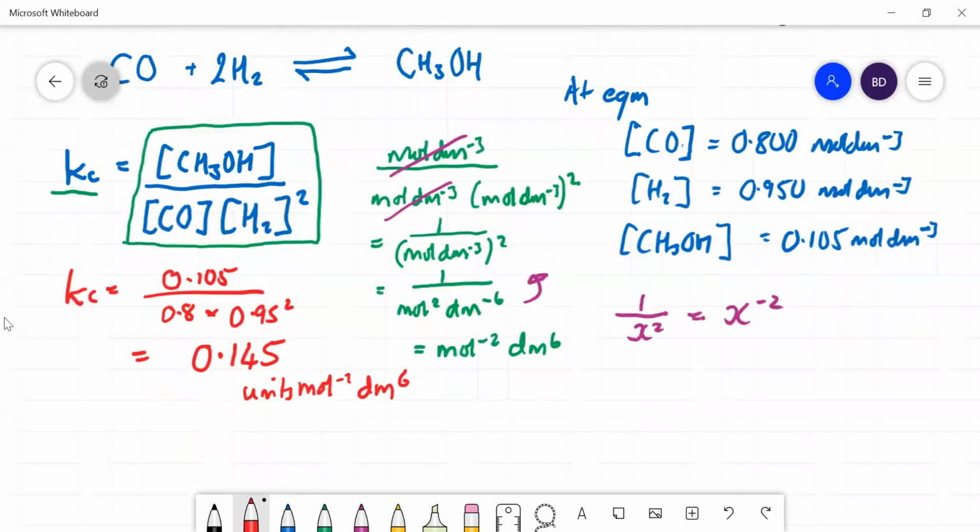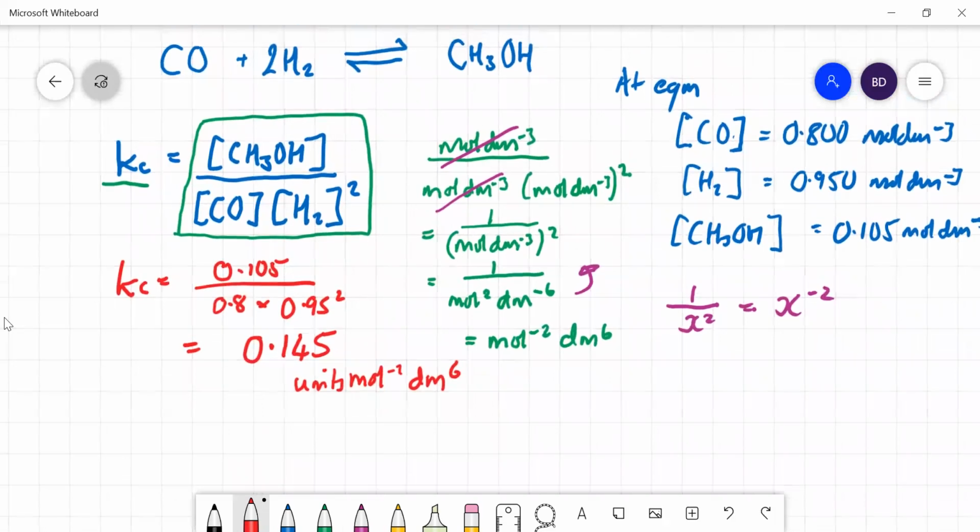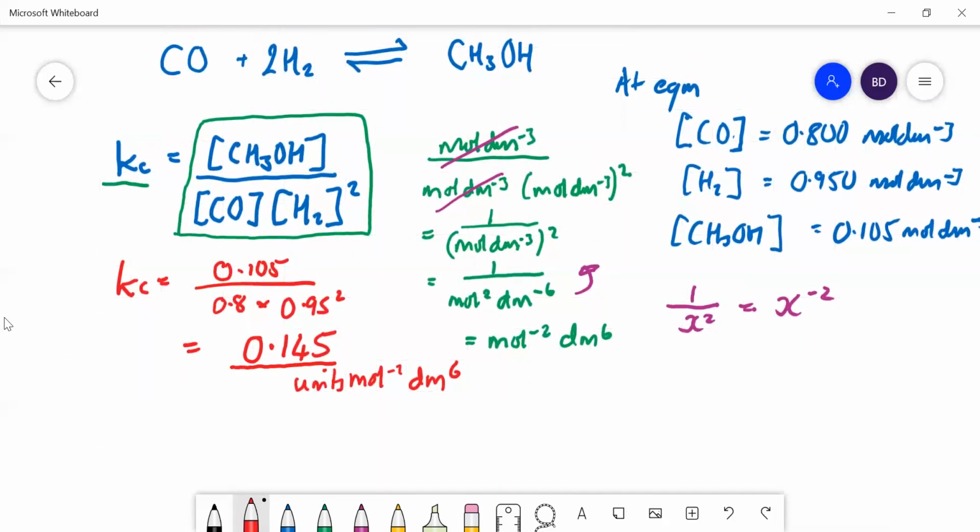Okay, let's think about the size of this number. We've got 0.145 there, and bear in mind what it refers to. It refers to this expression here. It's less than 1, so that means you've got not very much product, and you've got more reactants than product in this case.